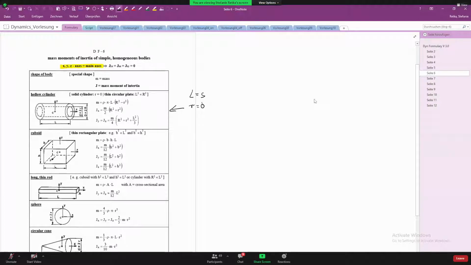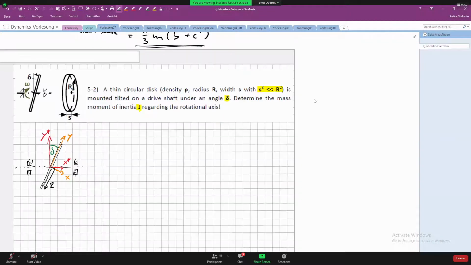So the small r is equal to 0. And then we can use these two equations for the mass moment of inertia with respect to the x-axis and with respect to the y-axis. Okay, now I will state them for our problem.